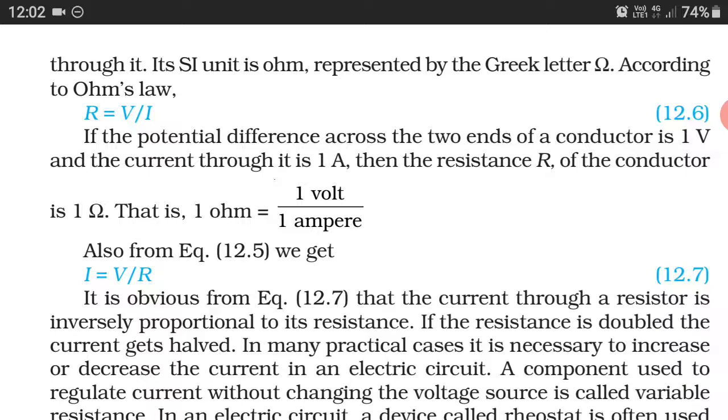Therefore the SI unit can be written as 1 ohm equals 1 volt upon 1 ampere, and the definition is: if the potential difference across the two ends of a conductor is 1 volt and the current through it is 1 ampere, then the resistance R of the conductor is 1 ohm.